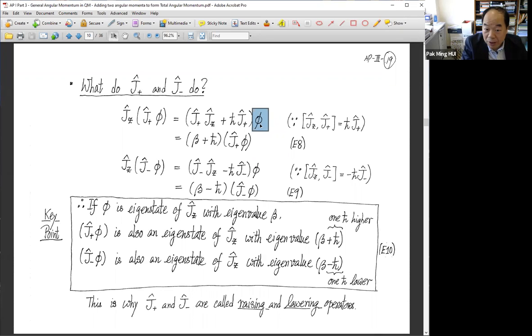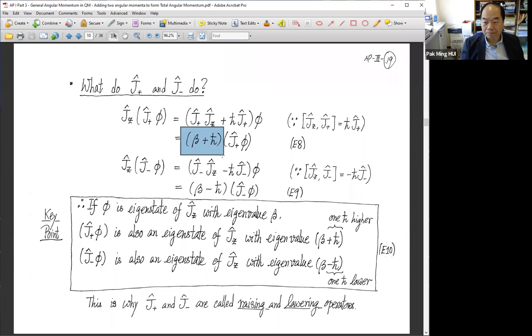We propose it to be so. And beta is a number, thereby it goes through. So the first term will give us beta J plus phi. So that is the same beta J plus phi, all right? Now the second term, J plus phi, and I have an extra h bar. So this is the eigenvalue.